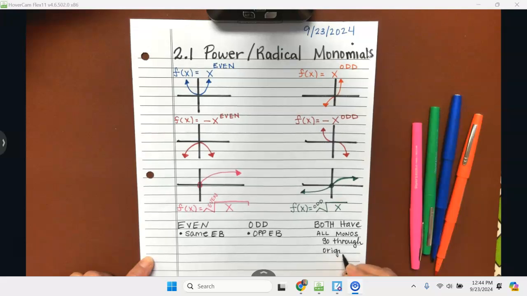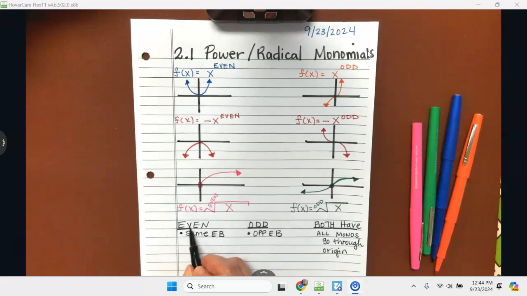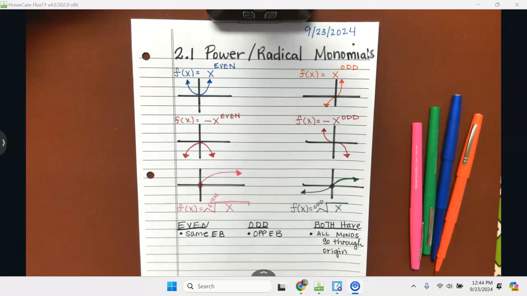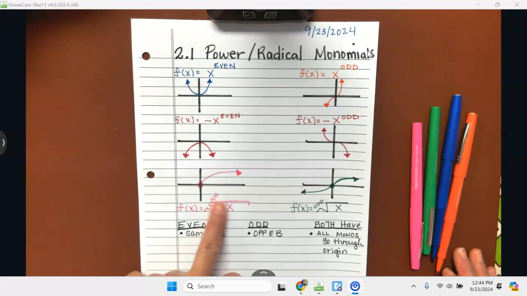And I'm just going to abbreviate monomials. What else do you recognize? They almost all have two arrows, except which one? Which one only has one arrow? The radical with the even root.